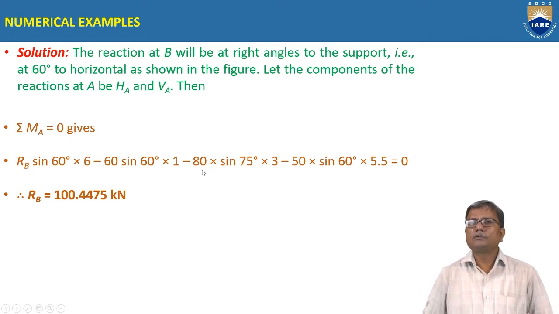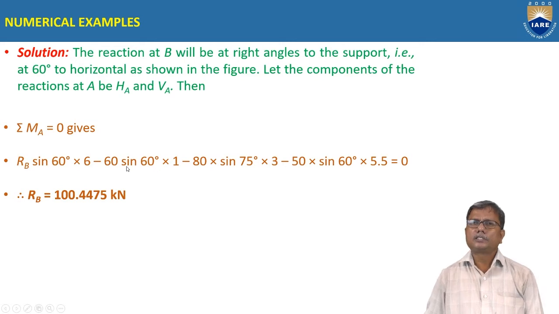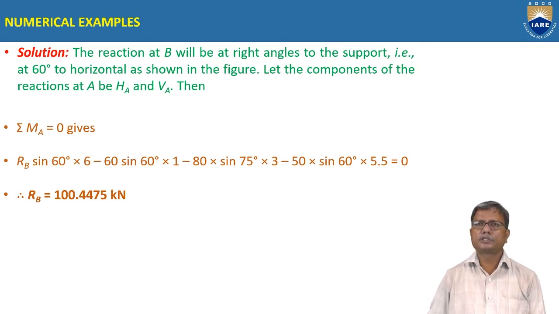So what are the remaining moments? The moments produced by the vertical components of the applied forces, and the horizontal components produce zero moment because they are along the axis of the beam. They have their line of action passing through A, so they produce zero moment.